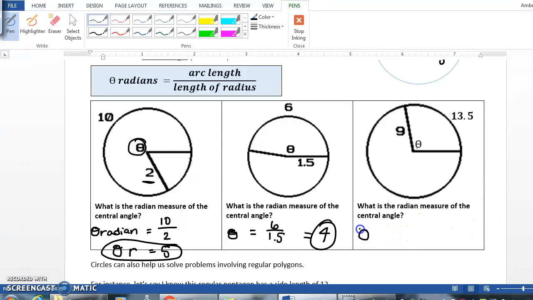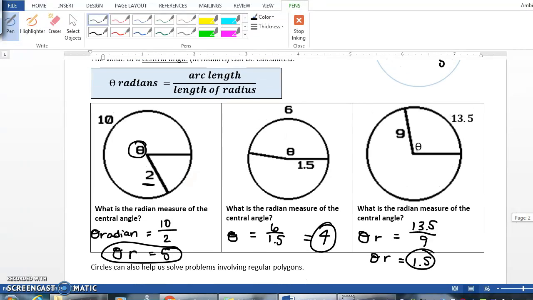One more. The radian measure is equal to the arc length, right here, divided by the radius. The radian measure equals 1.5.